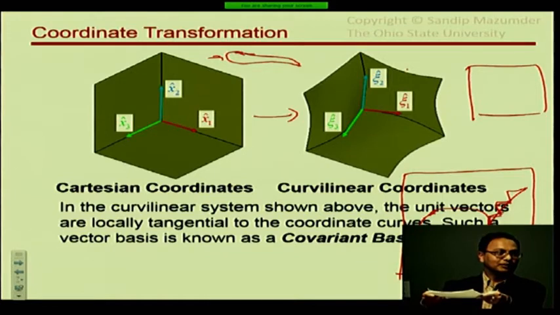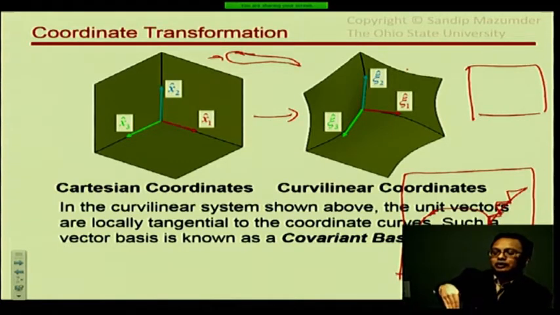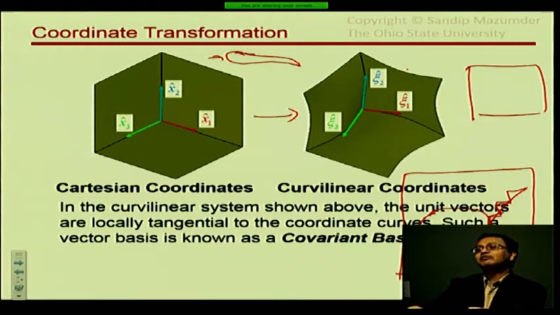All you do is draw the outline of that new object you want to model and then pull at its edges and make it exactly conform to that shape. If you now draw a bunch of grid lines on this, those grid lines will also get distorted and stretched, and you will basically have a body-fitted mesh. That's the whole idea.